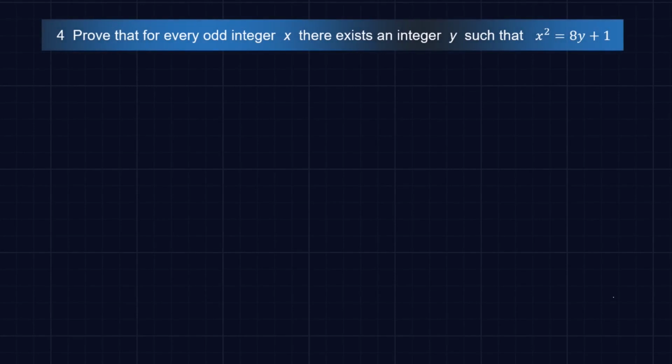Here's our next question. Again, let's get a feel for what's going on. Odd integers. 5 squared is 25, which is 1 more than 24, a multiple of 8. 7 squared, 49, 1 more than 48, which again is a multiple of 8. And 9 squared, 81, 1 more than 80, again a multiple of 8.